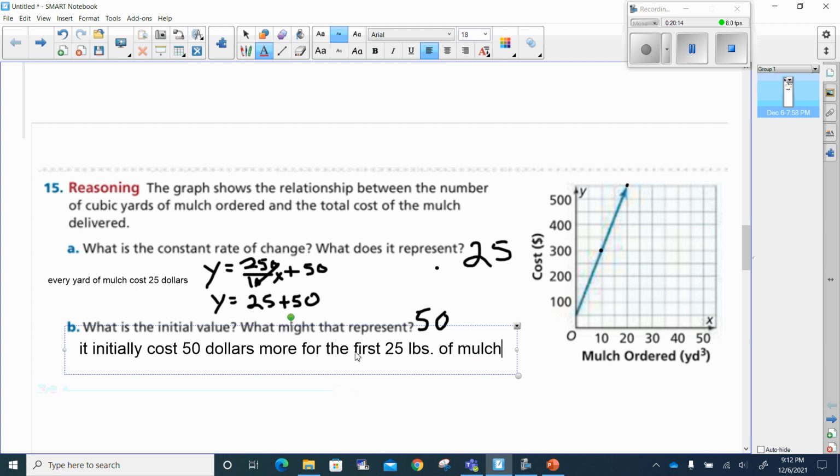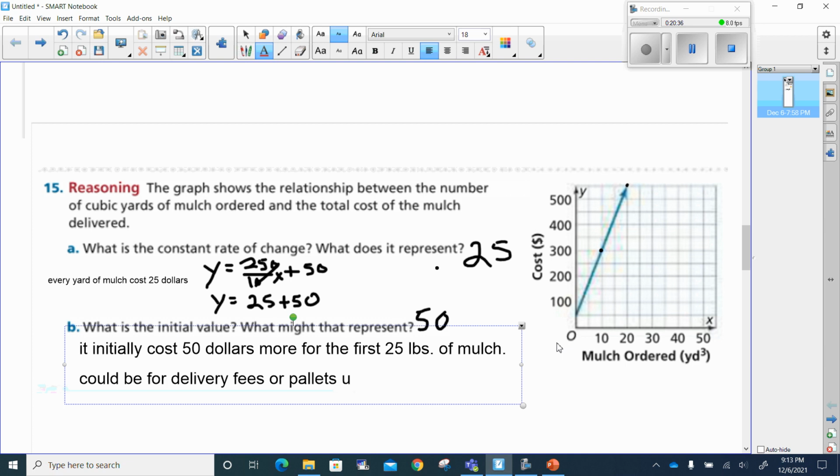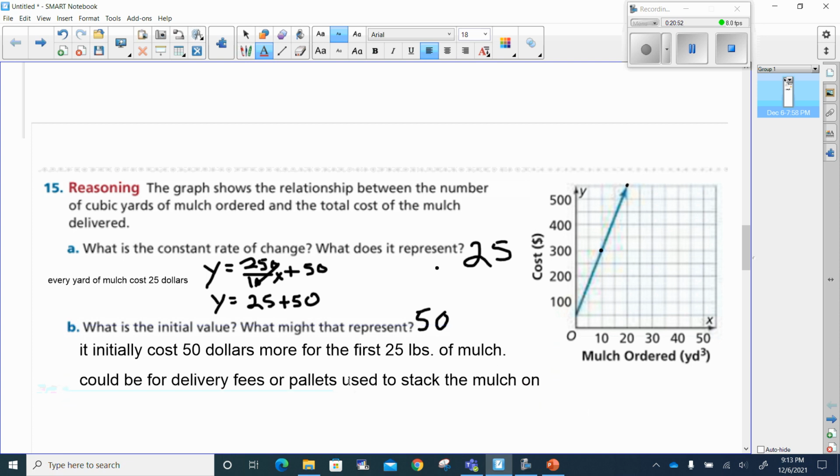And that could be because maybe delivery fee, right? Could be for delivery fees or pallets used to stack the mulch on. I don't know what they're charging, but they are definitely charging more for that first bunch.